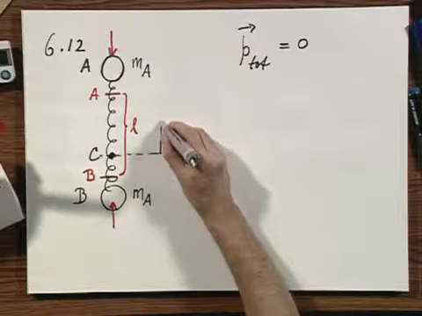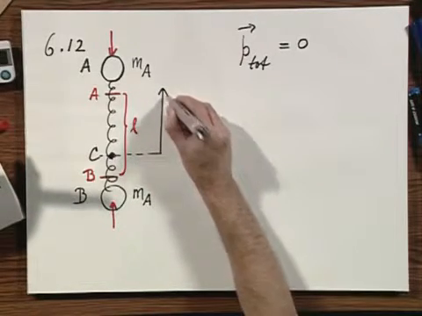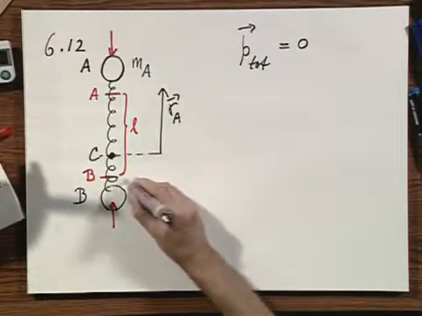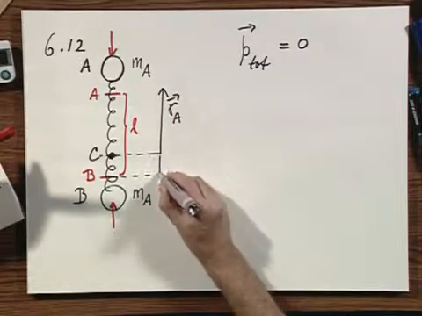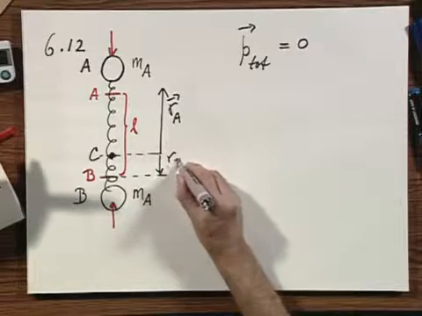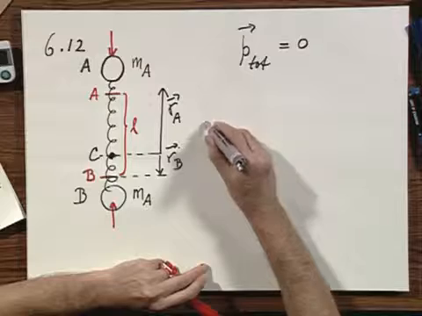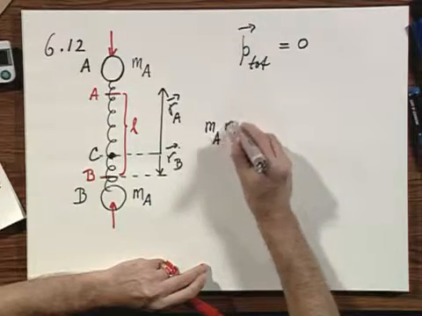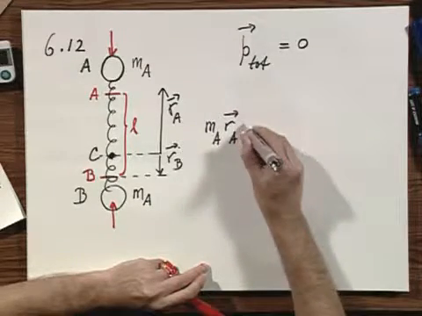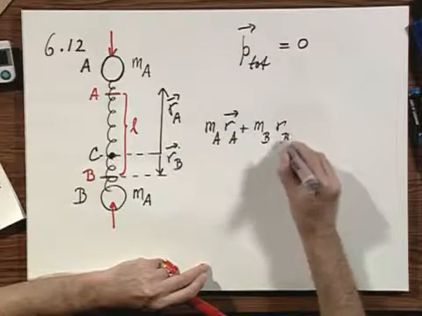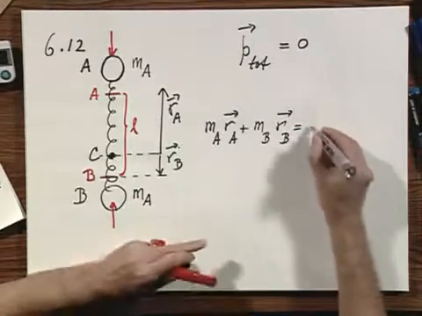Let us call the position vector of A at any moment in time RA, and let's call the position vector of B at any moment in time RB. Then MA times RA plus MB times RB equals 0.